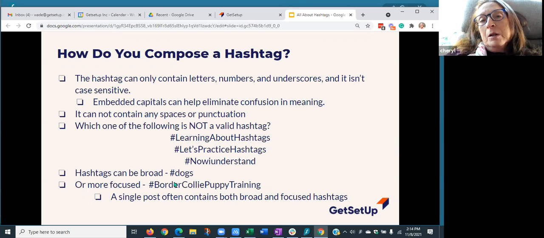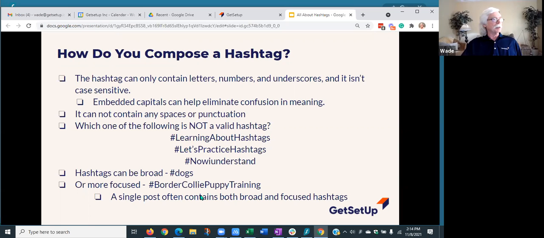Yeah, it's probably going to be easier to show you than to try and explain it. But basically, let's say I just bought a border collie puppy and I'm trying to train it and I'm looking for information about it. I would type into the search field of Instagram or Twitter or Facebook hashtag border collie puppy training, and it would show me all the posts that have that hashtag in that post somewhere.